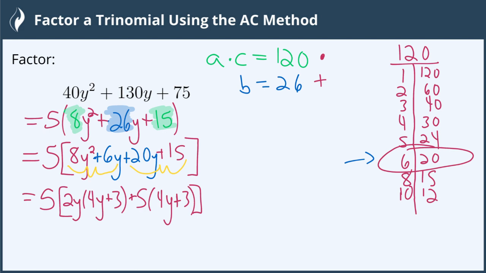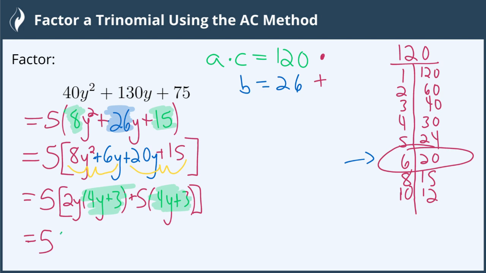Now, what's nice about this is when I go to write my final answer, because we are at the point to write our final answer. Again, we're going to carry that 5 down, but what you'll see is this 4y plus 3 here happens twice. The parentheses match in both spots.